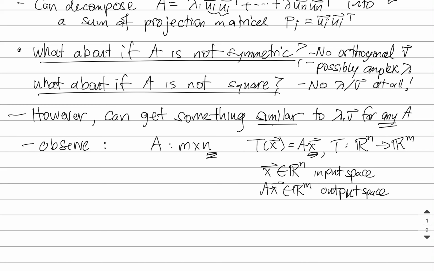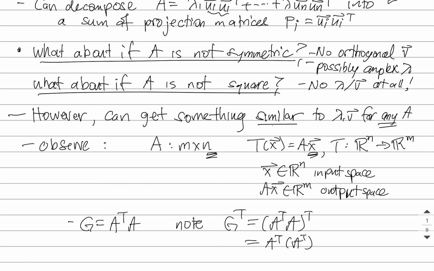So the idea here is that we take this rectangular matrix and form the product A transpose times A. We'll call this matrix G. Now, if you take the transpose of G, you can apply transpose properties: the transpose of a product is the product of transposes in reverse order.